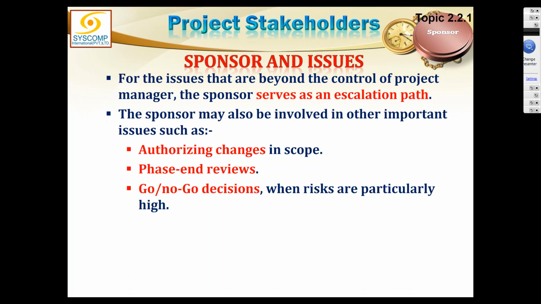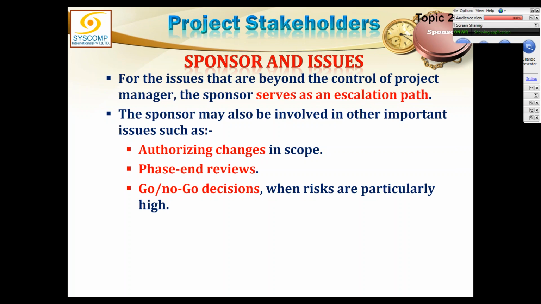Whenever one phase of a project is finished, it is the project sponsor who will vet that, approve that phase and allow the project manager to move on to the next phase. This point where he decides is also called the go or no-go decision.